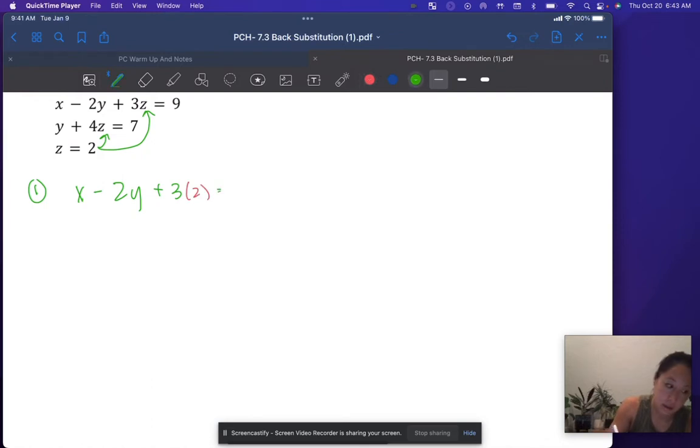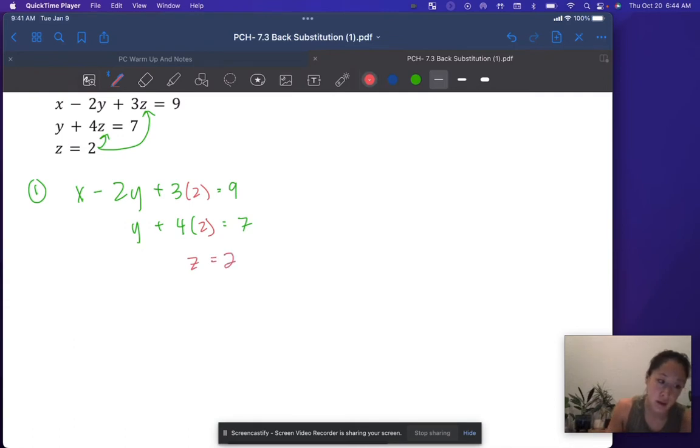Okay. Equals 9, and then the second equation, y plus 4 times 2 is equal to 7. And then I already know I can keep my z is equal to 2.